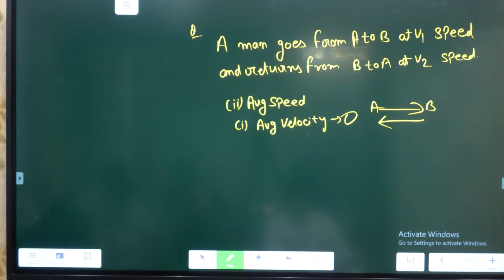That's where you have to use your head. Average speed is V1 plus V2 upon 2? No. My dear, the formula of class 9 is not going to work. Is it V2 T2 minus V1 T1 by T1 plus T2? No.